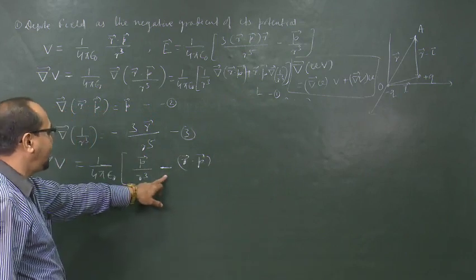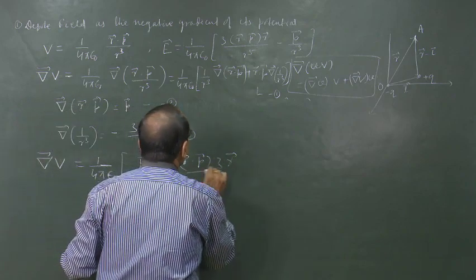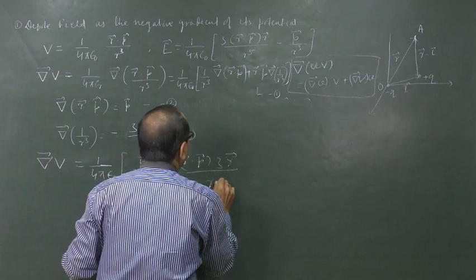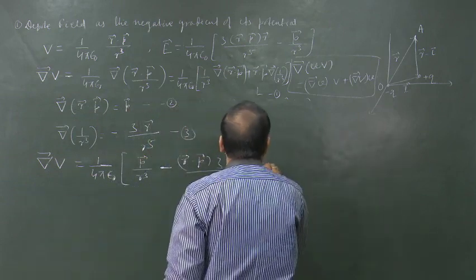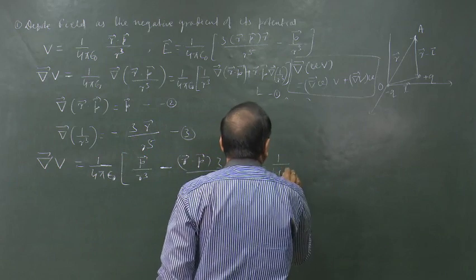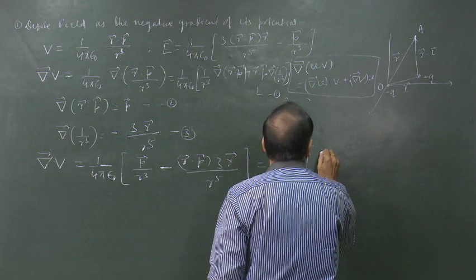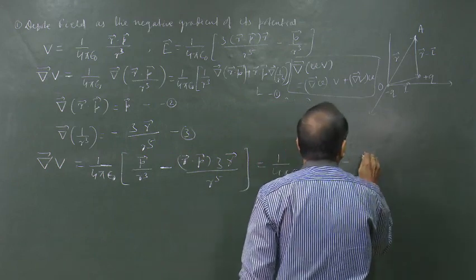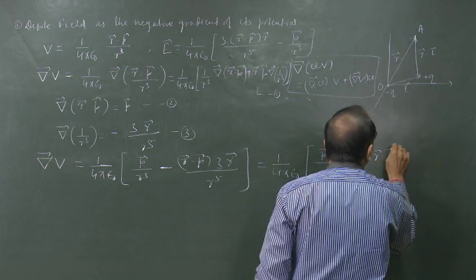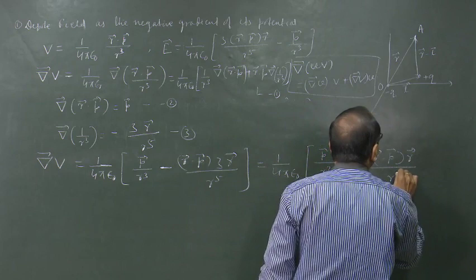That is why I put it here minus 3 r divided by r to the power 5. So, that is equal to 1 by 4 pi epsilon naught into p by r cube minus 3 r dot p into r divided by r to the power 5.